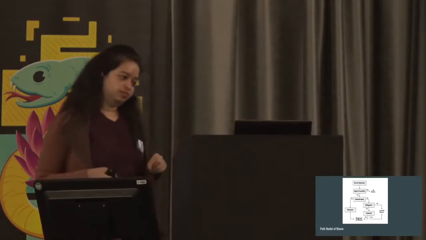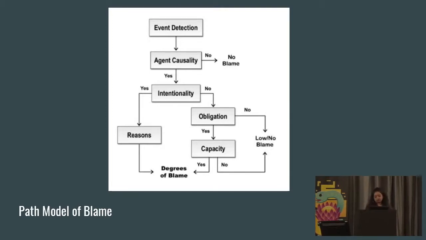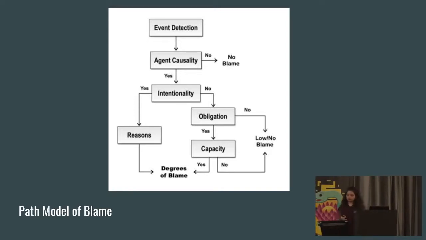And if they were, you determine if they were in capacity to prevent it, if they had the resources to prevent that event from happening. As you can see from intentionality onwards, the agent is actually blamed, whether it's low blame or a proper degree of blame. But once it's established that there was an agent involved in an event, there's always blame.